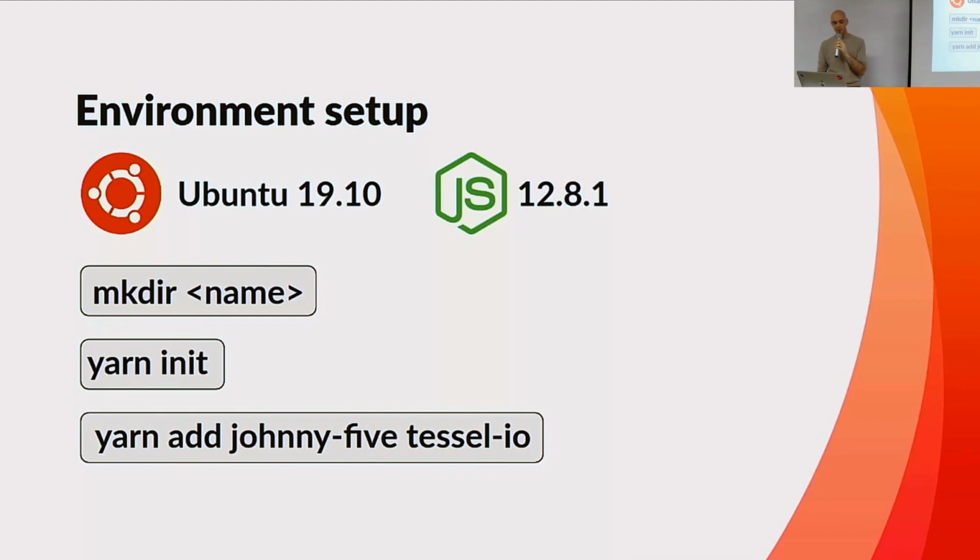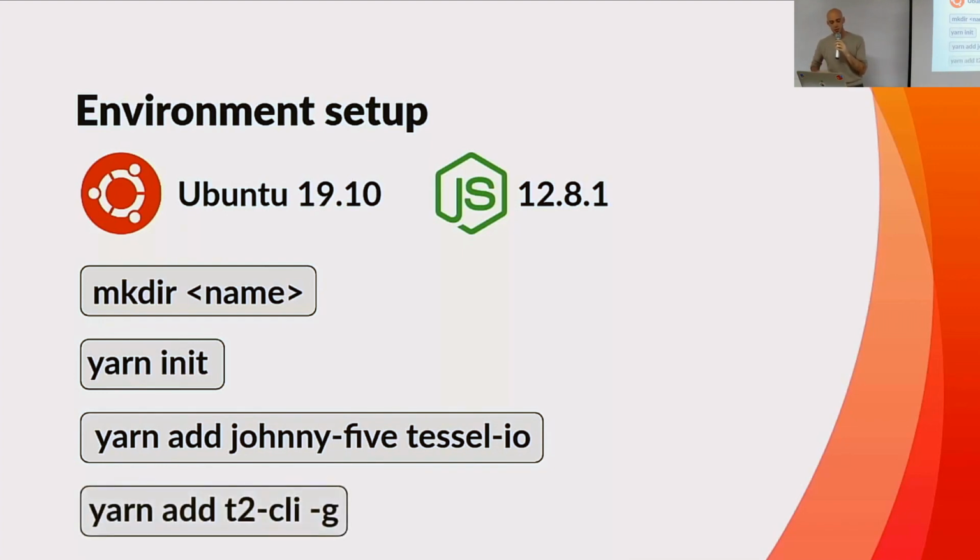We're going to need them later on. And then, if you didn't already, install the Tessel 2 command line interface. In this case, I decided to install it globally, so that I don't need to reinstall it every time I run a new project. And that's basically it.